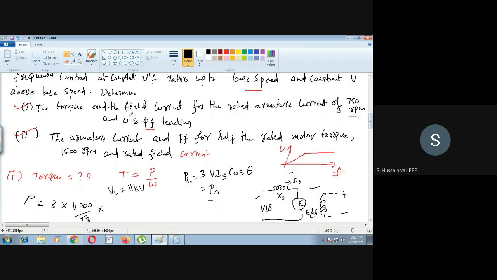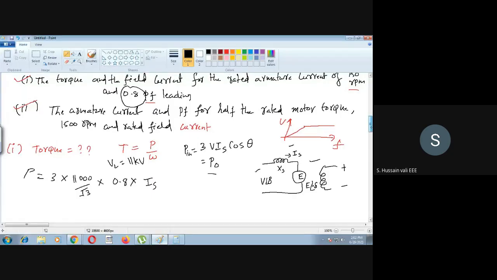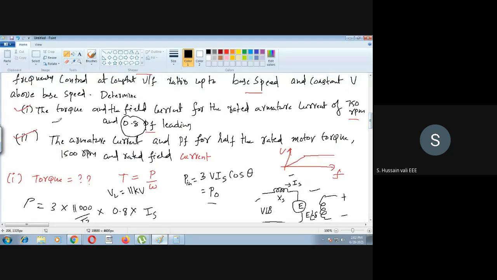The power factor he has given is 0.8, so cos theta value here I will write 0.8. The only thing is that we have to find out IS so that we can get the value of power. Sir, is it 0.8 or 0.9? It is 0.8, because you have to solve the problem for this.